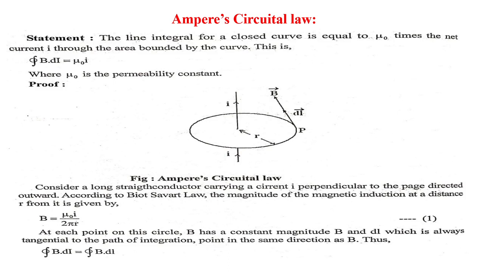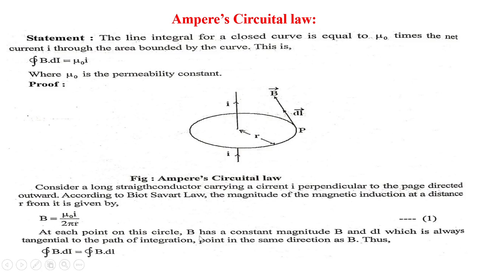Let P be any point at which the magnetic field has to be found. We have to make a closed loop which covers the point also. Consider a closed path passing through the point P. This path is called the Amperian path.